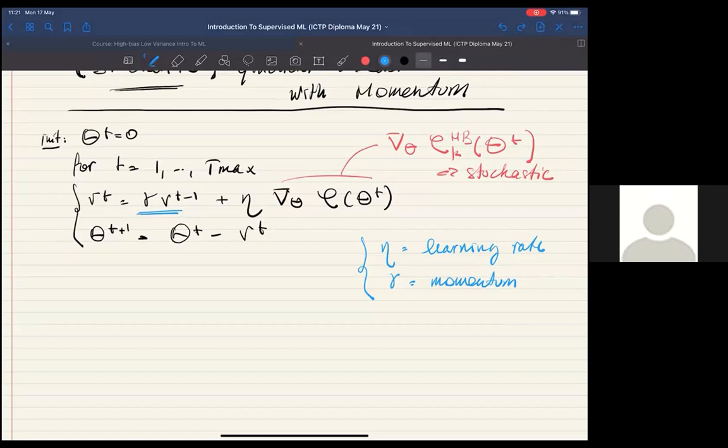So the way to understand the link with physics here is to first realize that this dynamics, you can write it in an equivalent different way, which is like this. So this is completely equivalent to this dynamics.